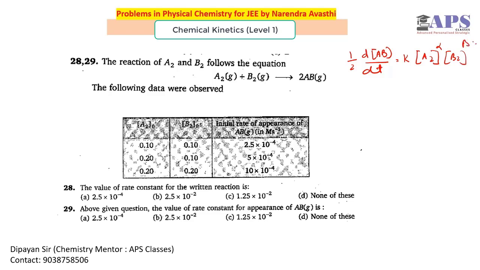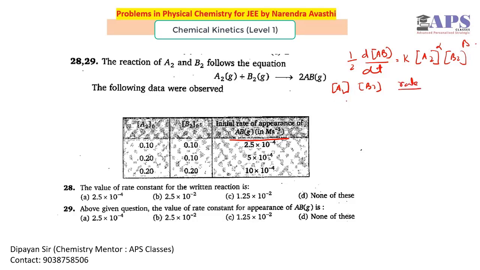Here we have the rate given in terms of appearance of AB.